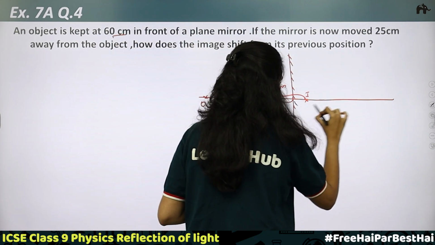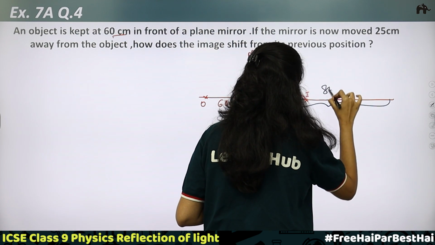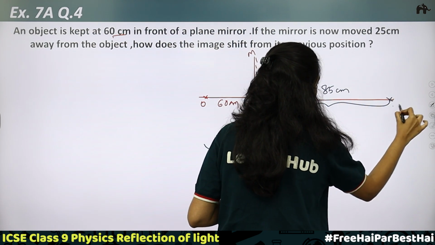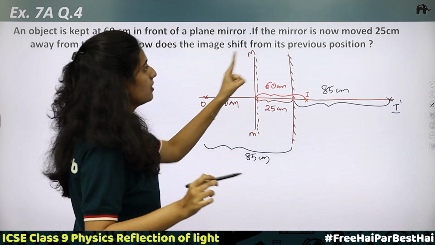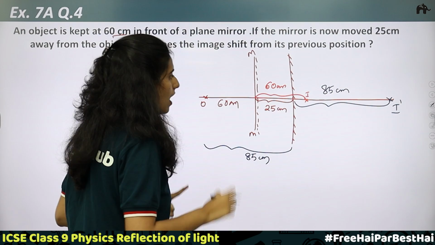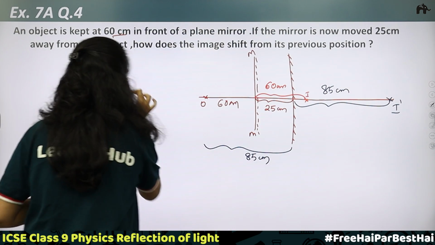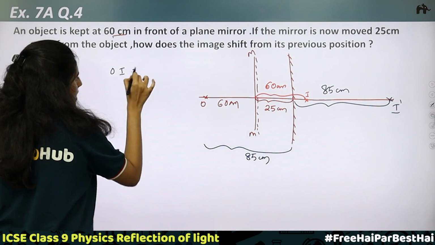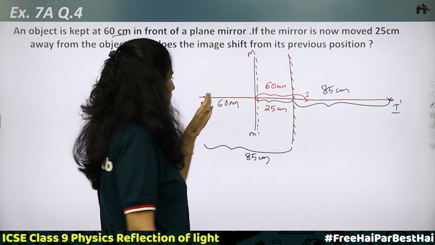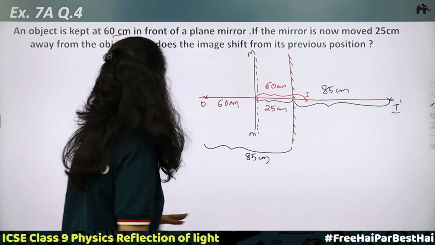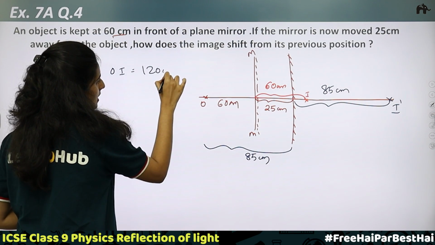How does the image shift from its previous position? So now we have OI. OI is the initial distance of the image from the object. This distance is equal to 120 centimeter.